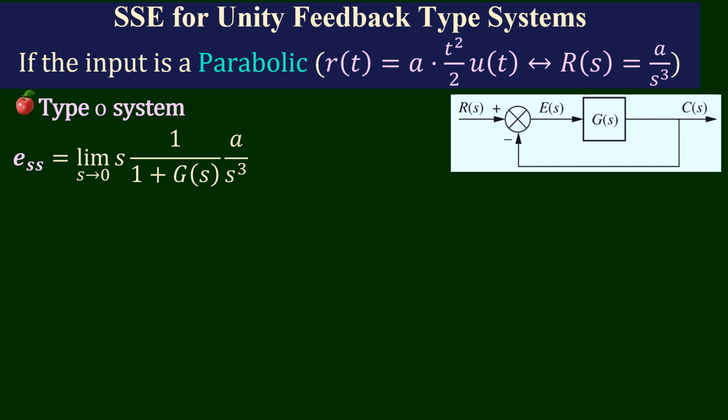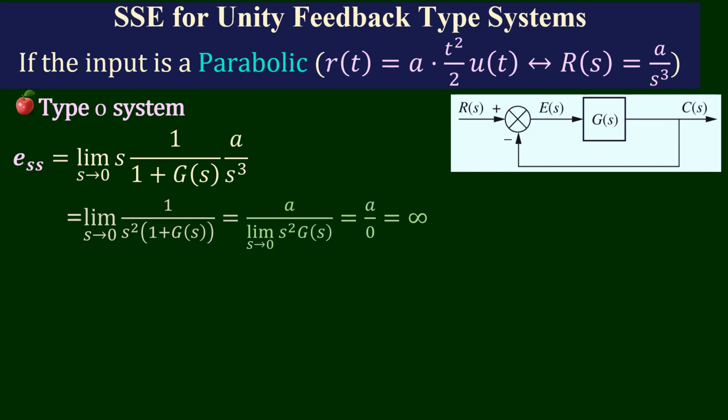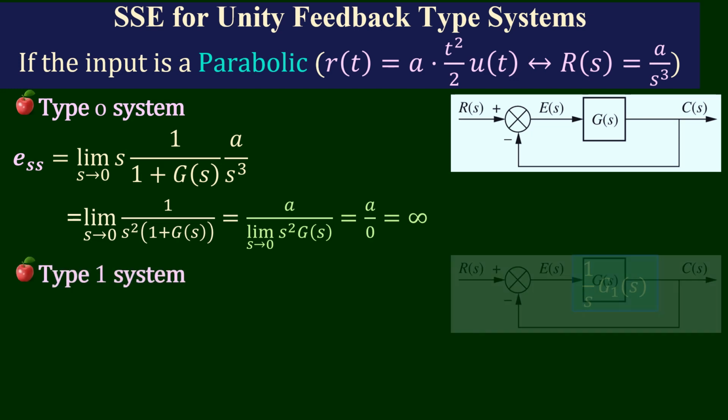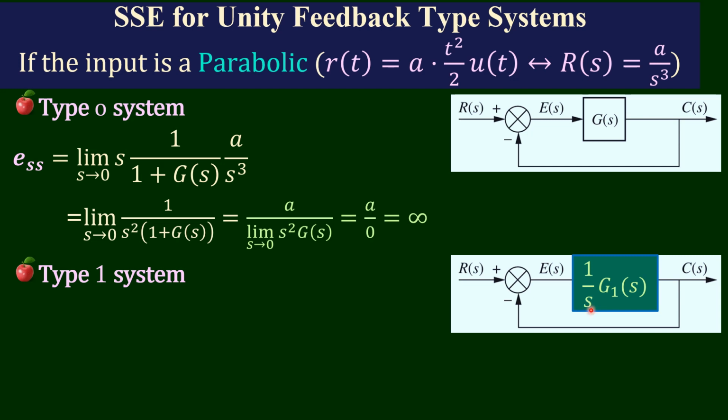So the type version of the system is somewhat like this. Again, if we look at the type 1 system, that is there is one integrator, then again for ESS we can rewrite this equation over here.